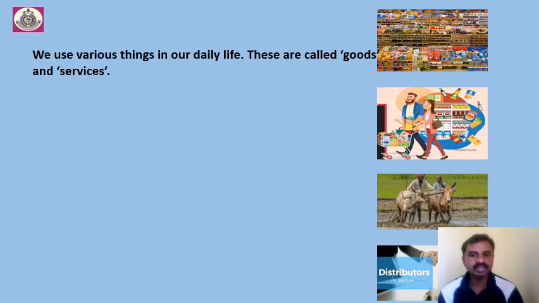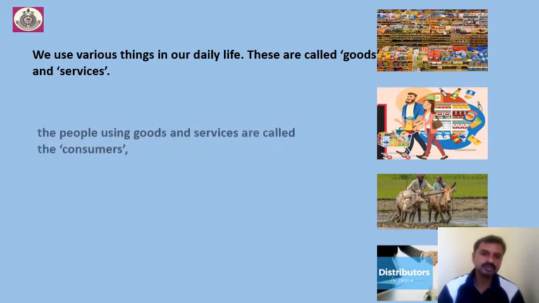These things are considered goods and services. Maybe food grains, or hospital things like a tablet or injection, or whatever else you can use in your life. So goods and services are very important to satisfy our wants.